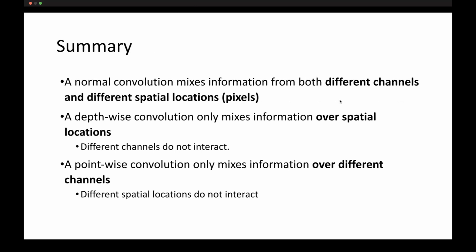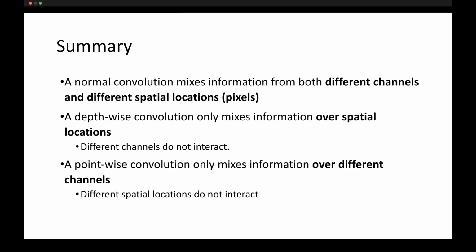Yeah. So in a regular convolution function, you are mixing information from both the pixels. You have a two-dimensional matrix of pixels, and you have multiple channels. So you reduce the pixels and you increase the number of channels. That's how the normal convolutions work.